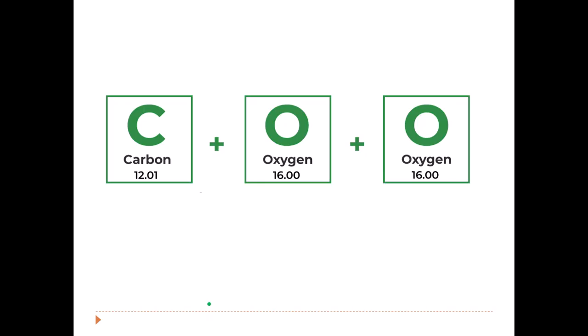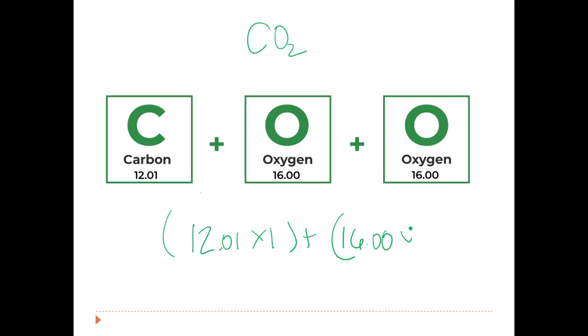Let's say we did have carbon dioxide, CO2, and we wanted the formula mass, or in this case we could also say the molecular mass, since it's a covalent substance. All we would have to do is take into account how many of each atom we have present and sum up the atomic masses. So one carbon in CO2, 12.01 times 1, plus 16 times 2 for oxygen, since we have 2 oxygen atoms present in carbon dioxide.